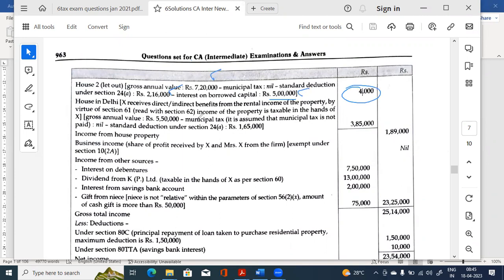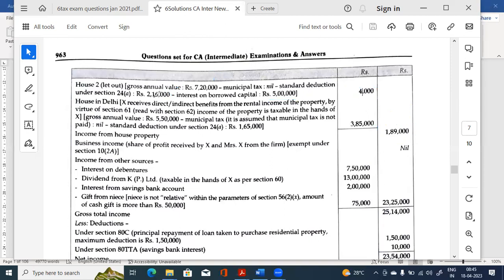Now, let's try to understand. The 2 lakhs relates to self-occupied only. But, sir, there is something you told about the clubbing provision. Yes, if this one is minus, that is restricted to 2 lakhs. Up to 2 lakhs only minus. That cannot go beyond that. So within the head, you can get to 5 lakhs, mind you.